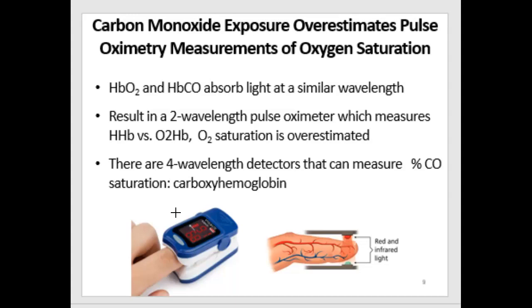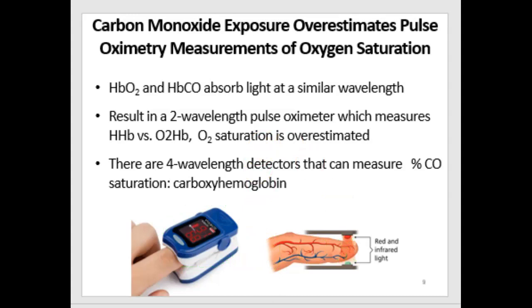What pulse ox means is they use this pulse oximeter, a device, which measures how much oxygen saturation your blood has. And it does so by passing a light of a certain wavelength through the skin, past all the tissues, and then to a detector that looks at any changes in the density of that light.